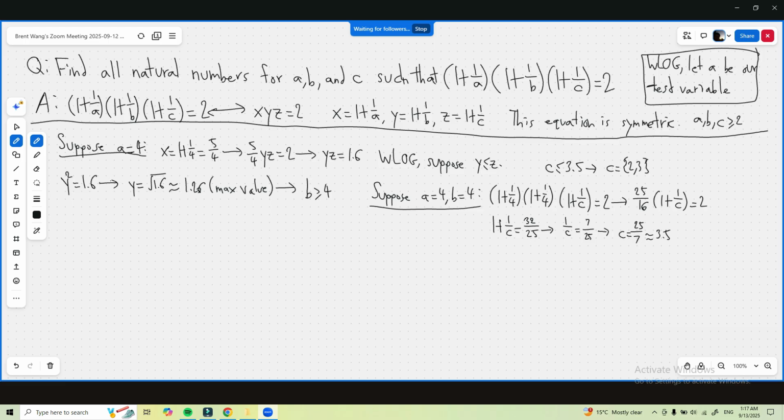Okay, well, let's just test it out. If A equals 4 and C equals 3, then we get B equals 5, which leads to the solution set 3, 4, and 5, which was already found.